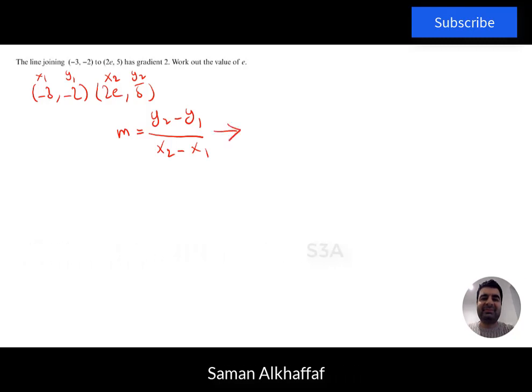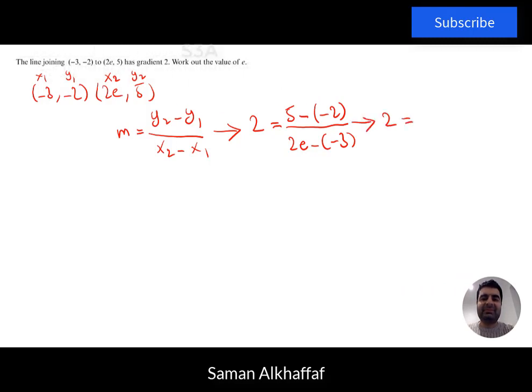So the gradient will be 2 equal y2 is 5 minus y1 is -2 over x2 is 2e, take away -3.